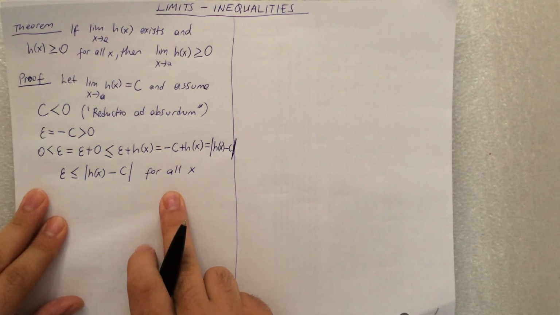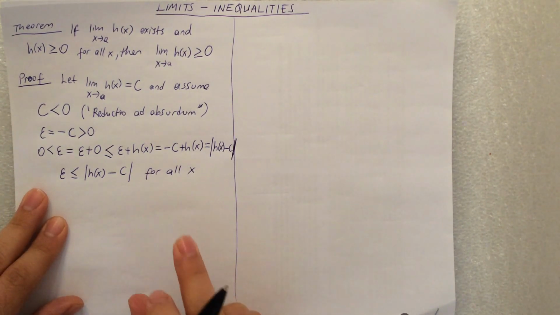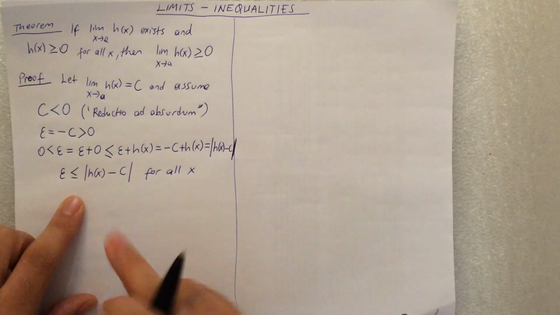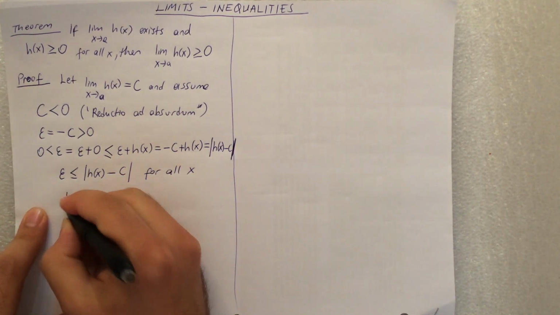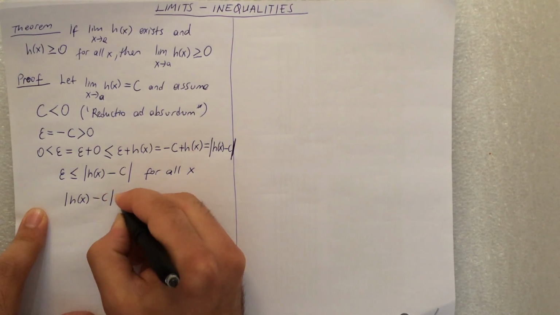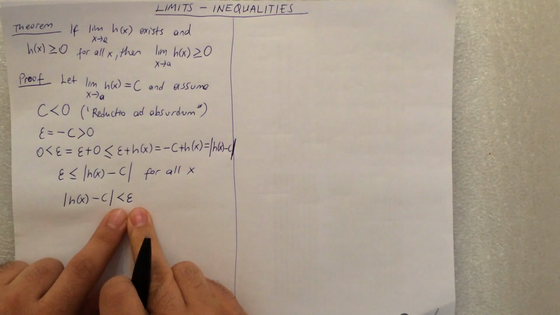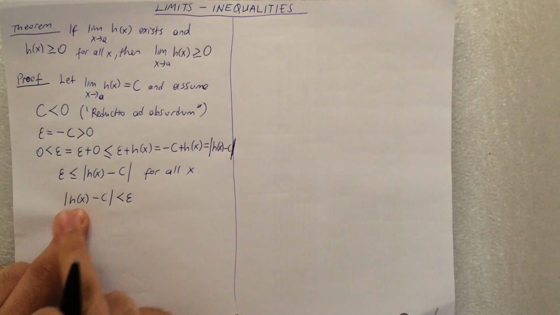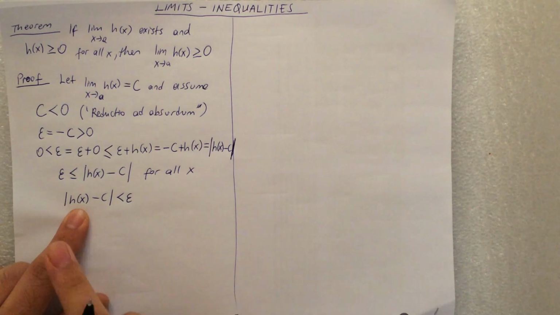But we know that from the limit definition, by properly choosing the value of delta, we can obtain that the absolute value of h(x) minus c is less than epsilon for any given epsilon, for all the values of x which are close to a within plus minus delta.